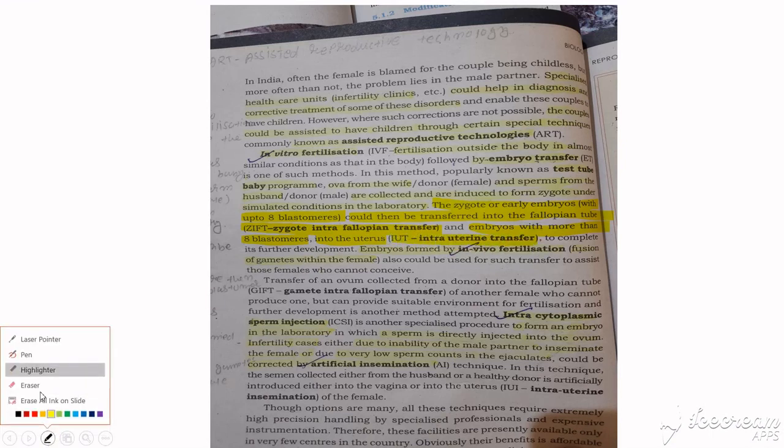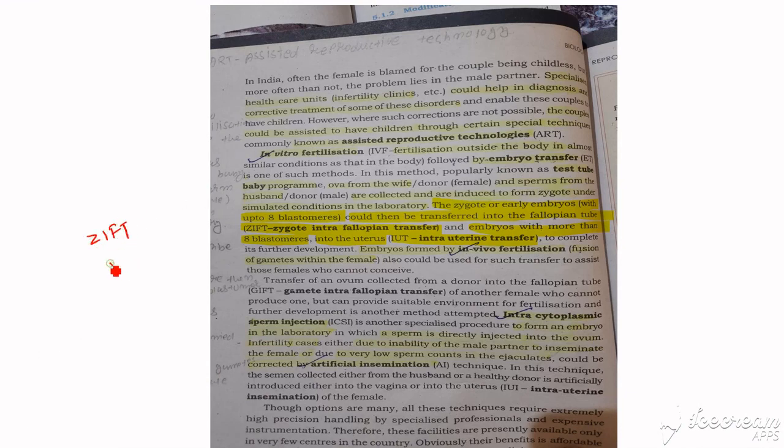So we have two of them, one being ZIFT and the other intrauterine transfer, where the embryo is being transferred. So this is a very important paragraph.